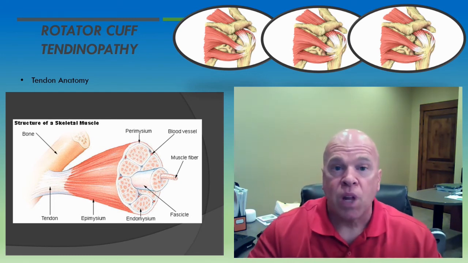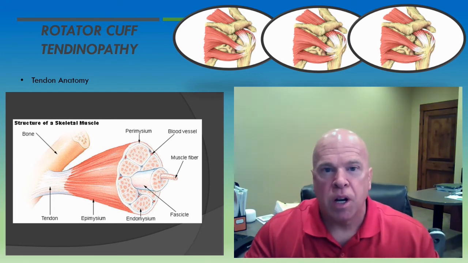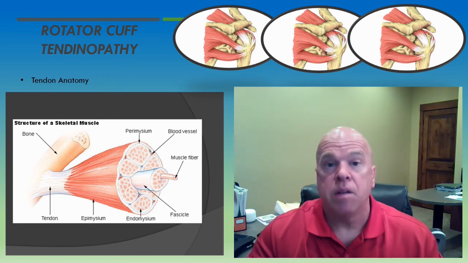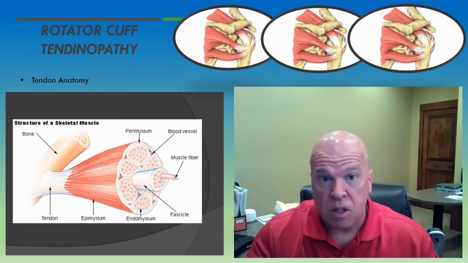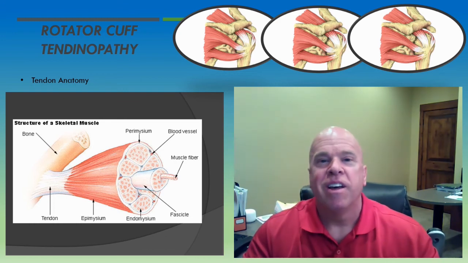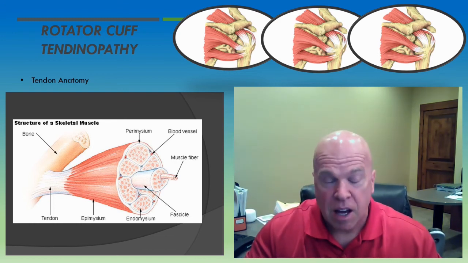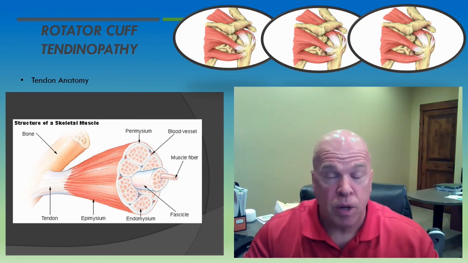Okay? Now, in our next session, we're going to go into the anatomy of the tendon, and we're going to see in degenerative and tendinopathy tendons what is actually taking place that causes a thickening of the tendon within this subacromial space.